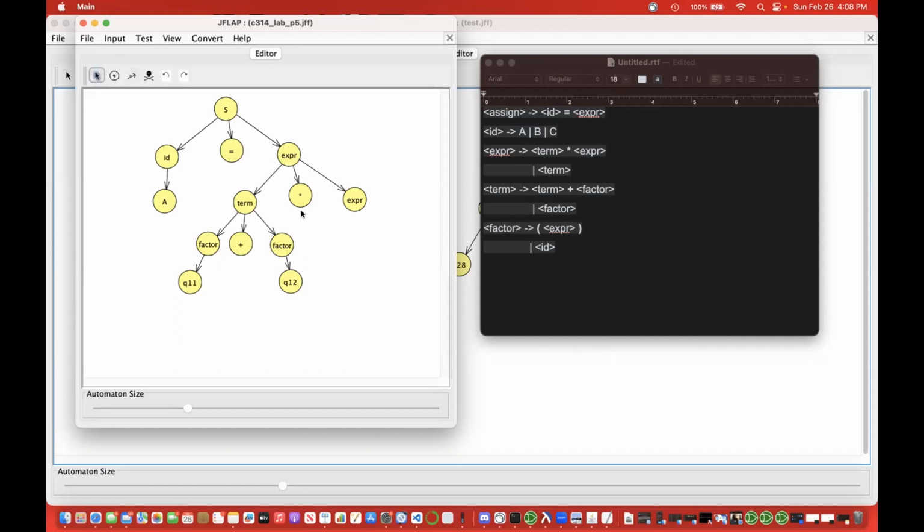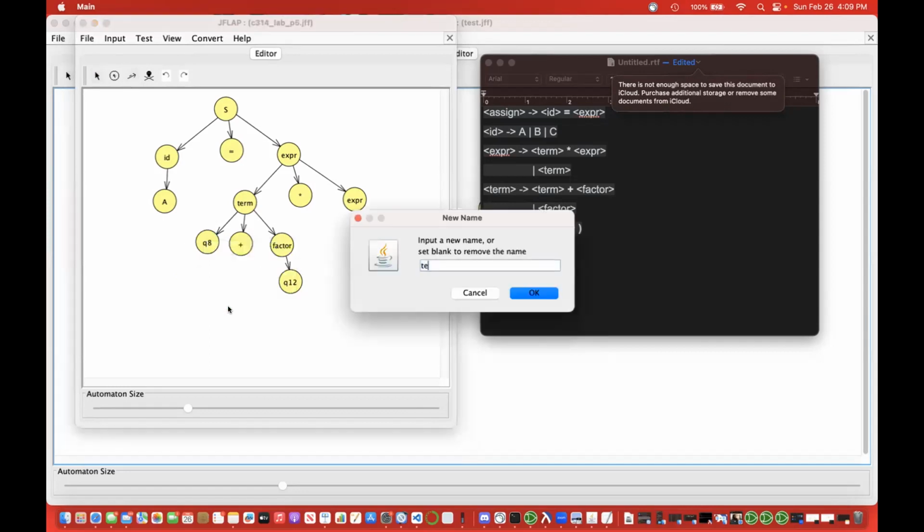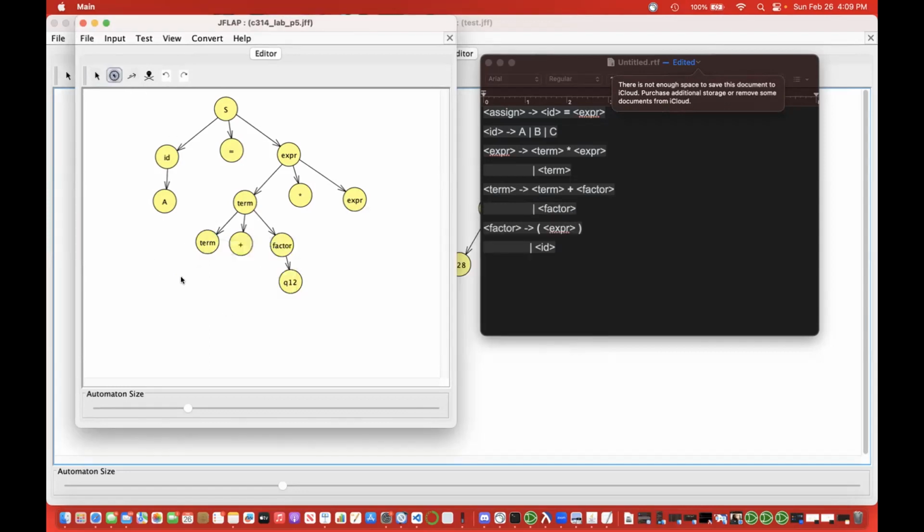I think term points to term plus factor, and then the first term points to factor, which points to B or C, whichever. So basically one of them points to a term, and one points to a factor.